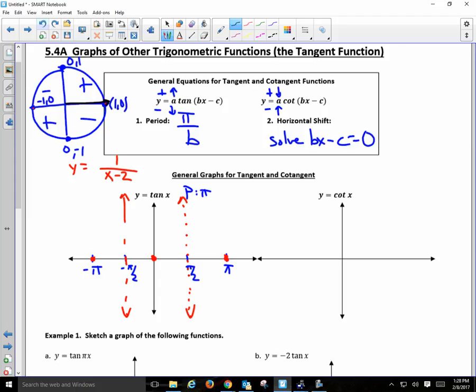And so as you move to the right, you continue to get a very small value. Okay? Let's move closer to pi over 2, or 90 degrees. What's the slope going to be there? Really small or really big? Really big. So therefore, as you move closer to pi over 2, the values become ridiculously large. And this is the type of curve that you get.